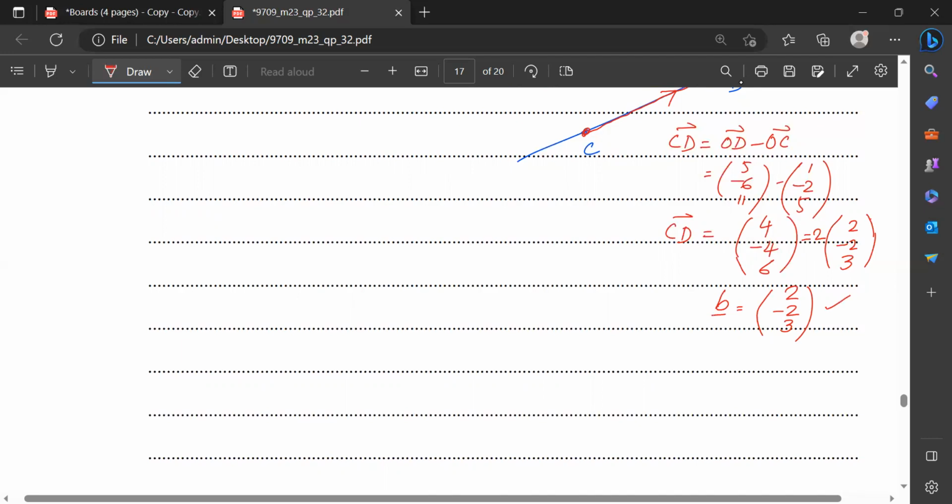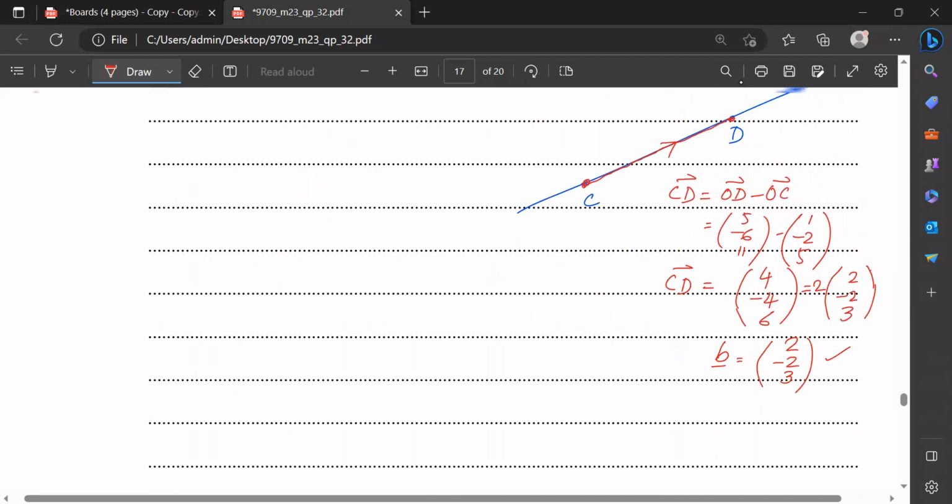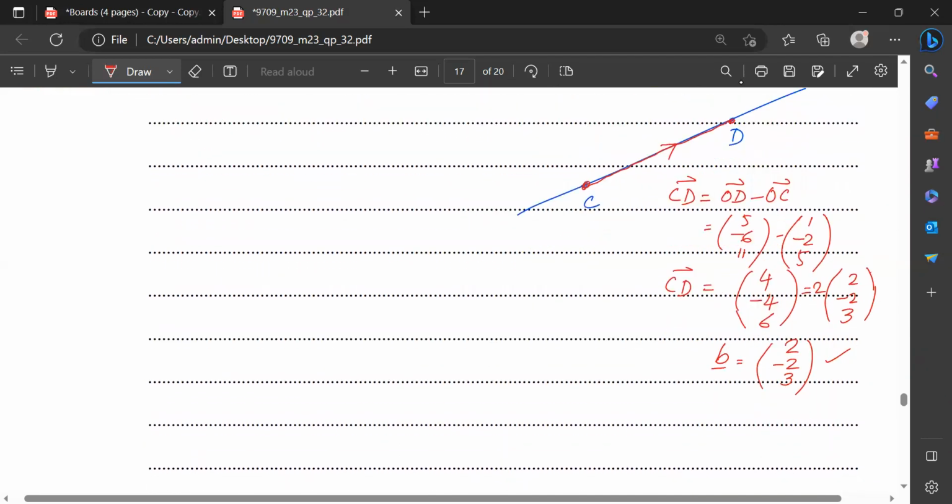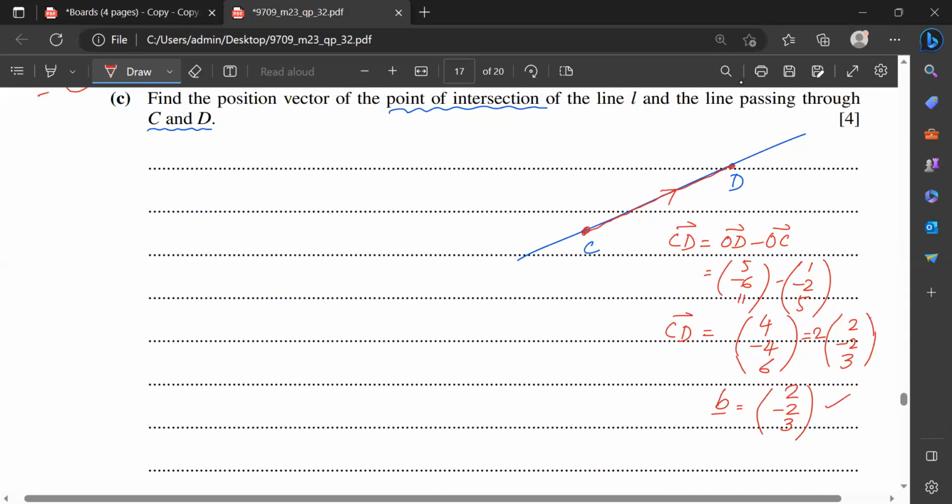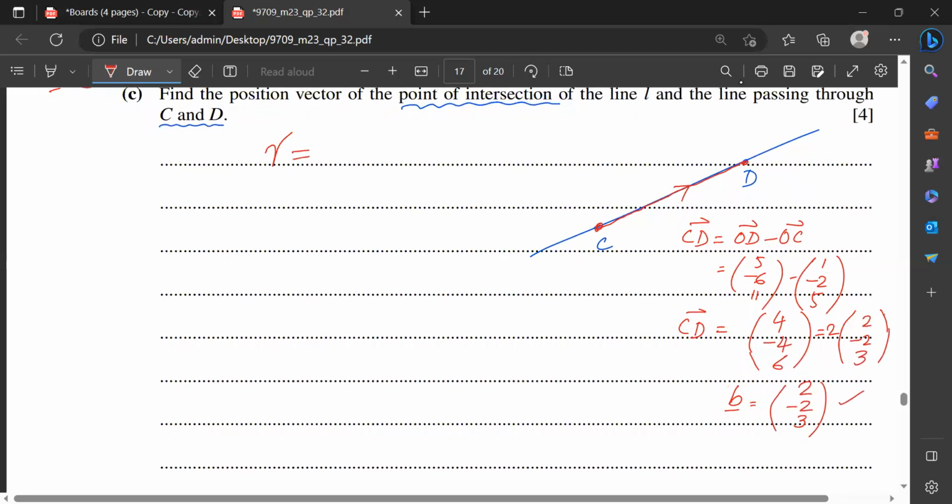So you can always simplify the direction vector. Keep in mind that we can simplify the direction vector for writing the equation of a line. So it was r equals a plus s into b. This is just for reference. r will remain r there. a is the position vector of any point.